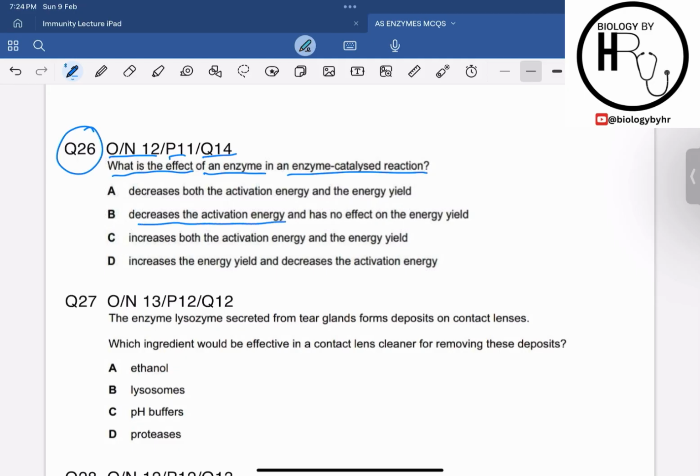By decreasing the activation energy, but it has no effect on the overall energy change of the reaction. So it has no effect on the energy yield. The overall energy yield will remain the same, but it will increase the speed of reaction by decreasing the activation energy. Hence the correct answer to question 26 is option B over here.